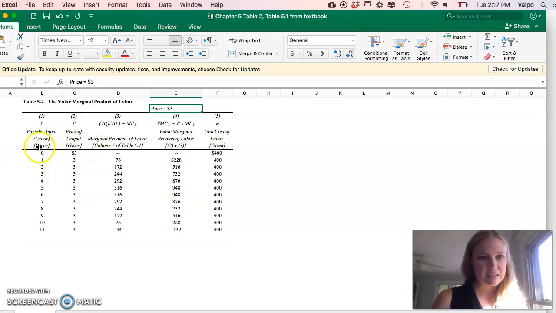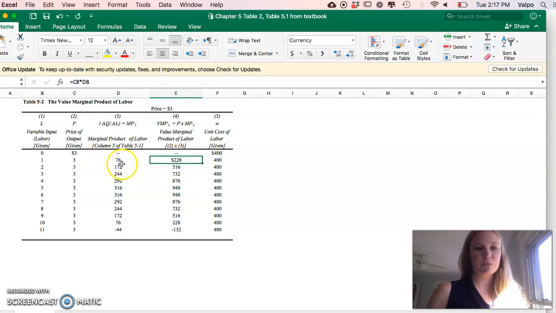So we've got the variable input, which is labor, and now we've got this new information, which is the price of the product. We've got marginal product of labor. They've skipped the total product column here. They just give you the marginal product. This is from table 5.1. All you do is multiply the marginal product of labor by 3.